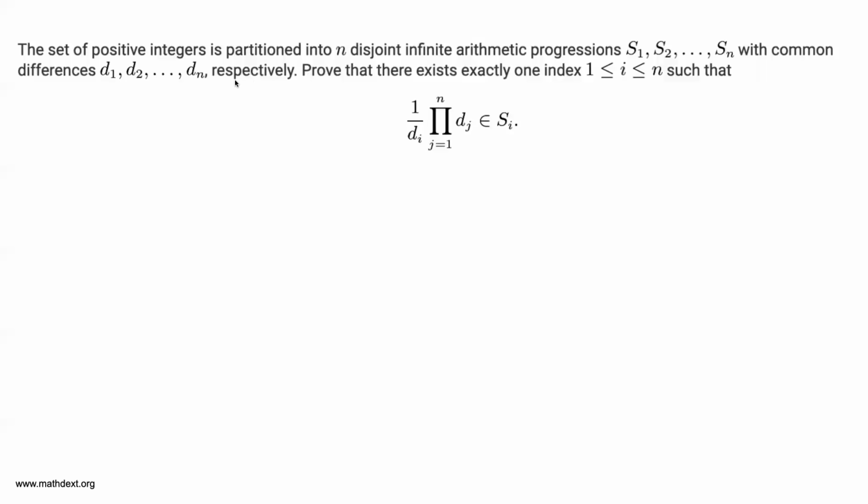So we're going to actually take it a step farther and prove that all of these terms are actually the same arithmetic progression. And we're going to do that by first proving a few lemmas.